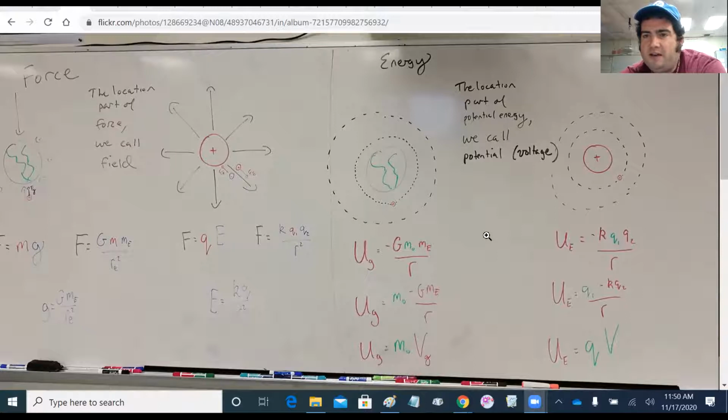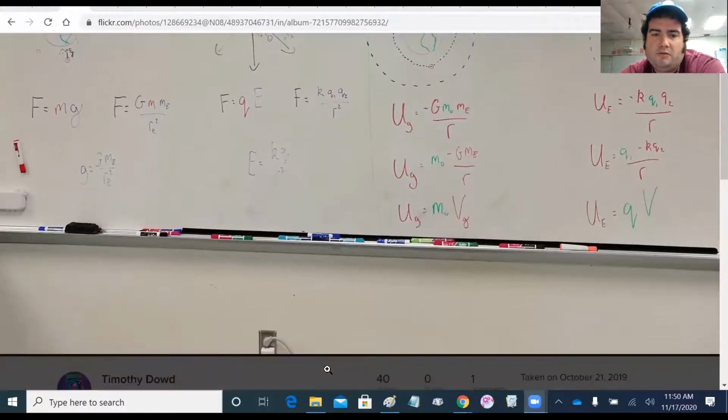It's one thing to say that. I think it's important to understand how charges affect the space around them. And I think having some hands-on experience with this is really important. So we're going to do a lab produced by the University of Colorado as part of their PhET simulations.